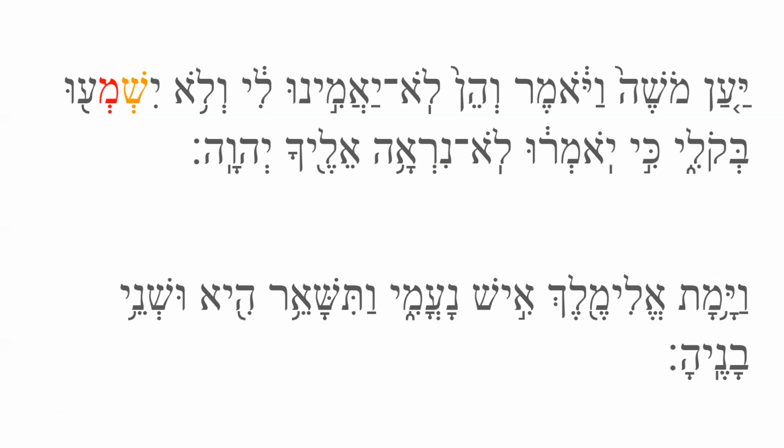As mentioned before, two shvas can appear side by side in the middle of a word. Notice that the first shva is preceded by a short vowel, showing it to be a syllable closer. That makes the second shva a syllable opener. Yish ma'u, yish ma'u.